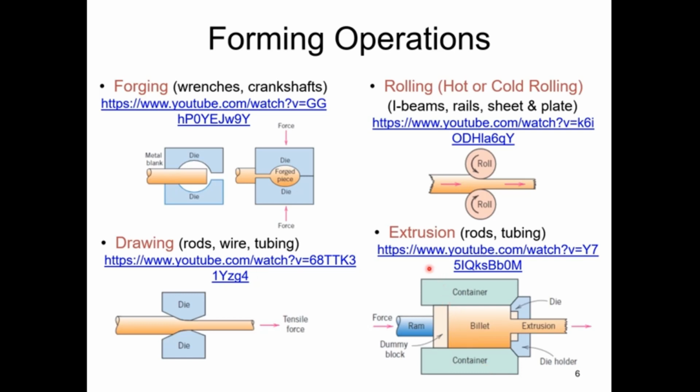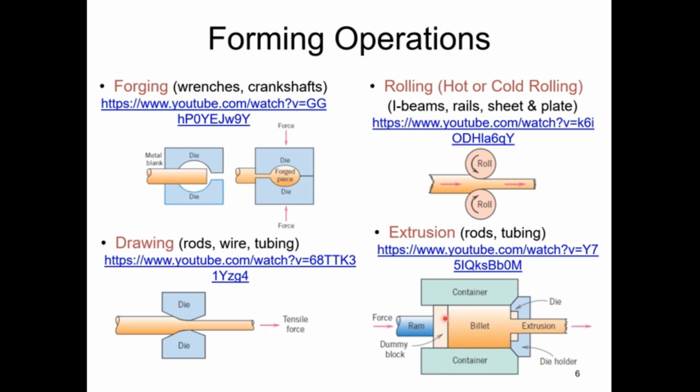For extrusion, a bar of metal is forced through a die by a compressive force that is applied to a ram. A ram here, and we apply compressive force to the metal through a die.